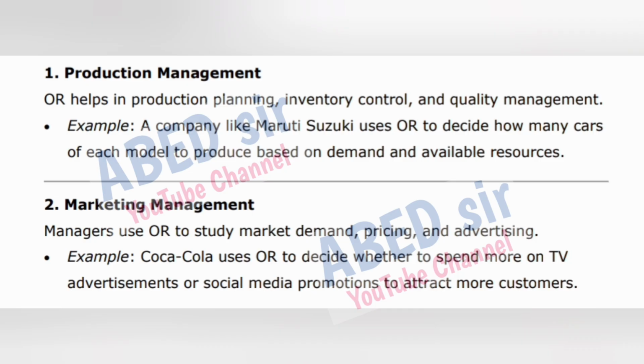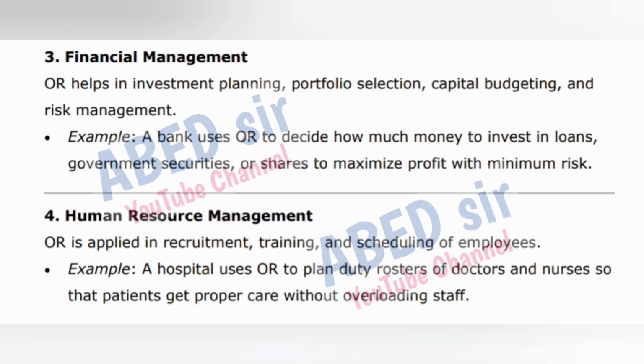Managers use OR to study market demand, pricing, and advertising. Example: Coca-Cola uses OR to decide whether to spend more on TV advertisements or social media promotions to attract more customers.